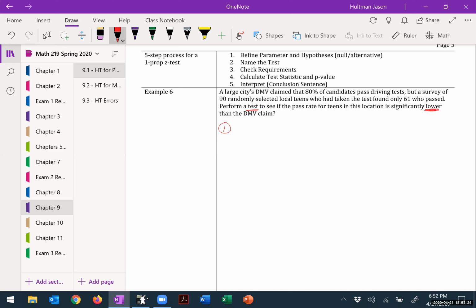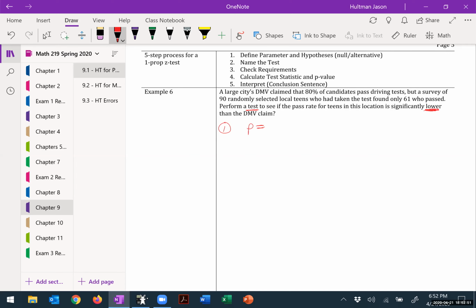What's P in this case? The population proportion. A large city's DMV claimed that 80% of candidates pass driving tests.